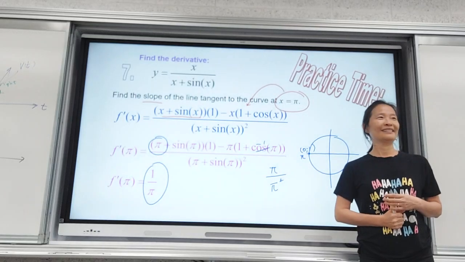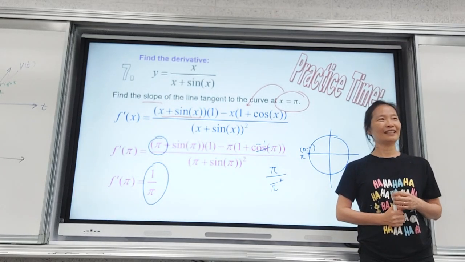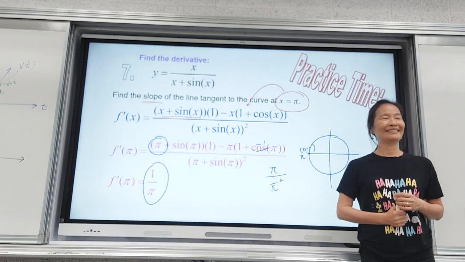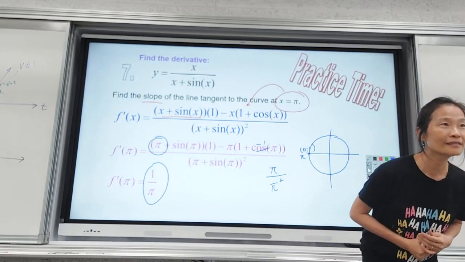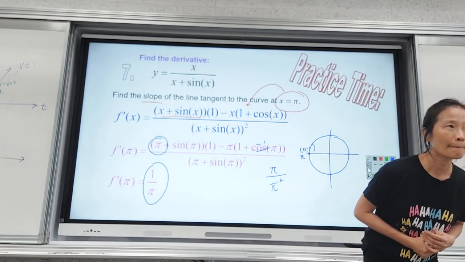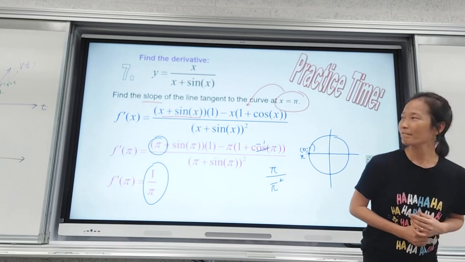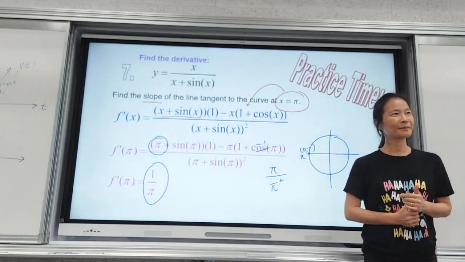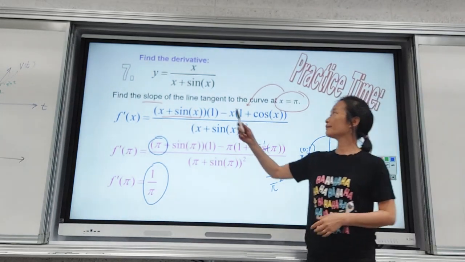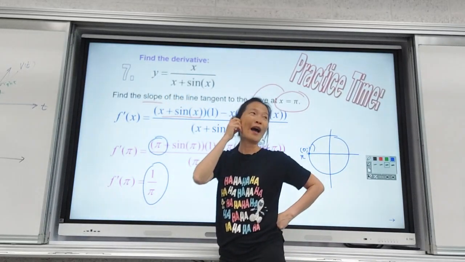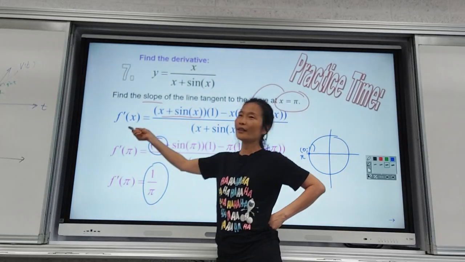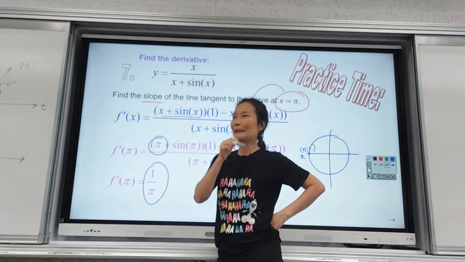Nobody? What's wrong with this? Should you do like f dash x and x equals? No. What is the function? The function is y. It's not f of x. Why do you change the name of the function?